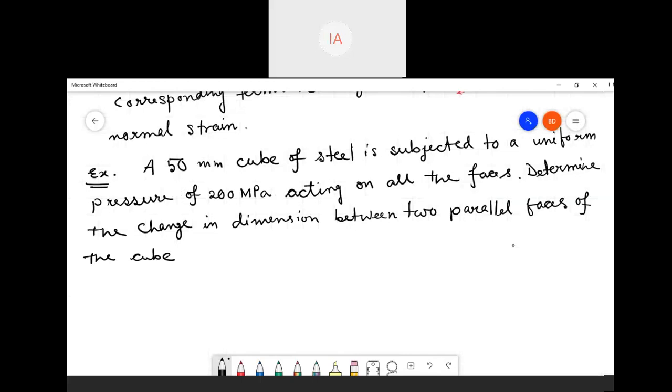E is 200 gigapascal, GPa, and Poisson's ratio nu is equal to 0.25. Now come to the solution.